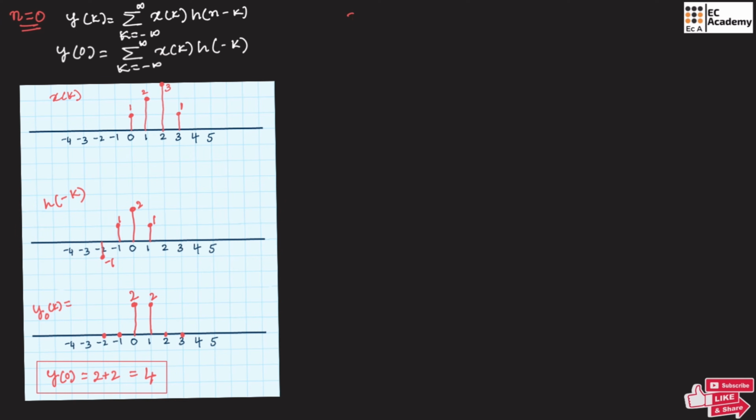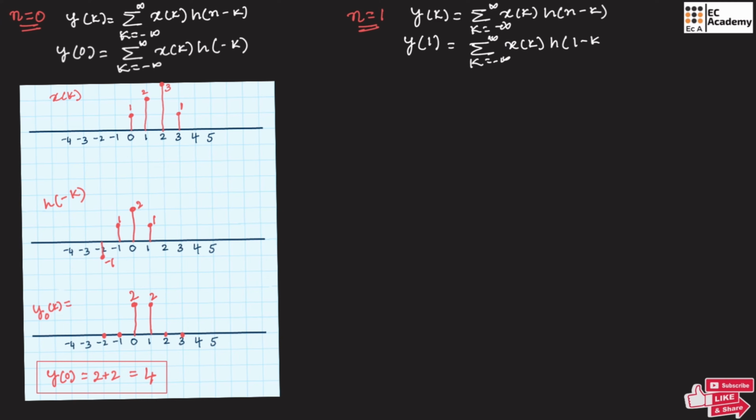Now let us find for n is equal to 1. We know y of n is equal to summation of k is equal to minus infinity to infinity x of k h of n minus k. So for n is equal to 1, y of 1 is equal to summation of k is equal to minus infinity to infinity x of k h of 1 minus k.